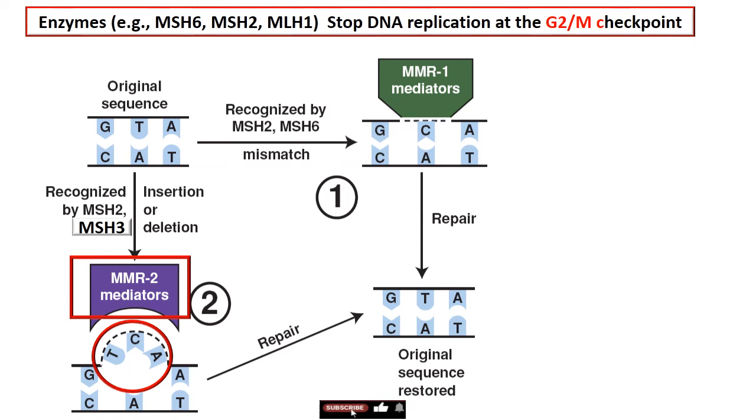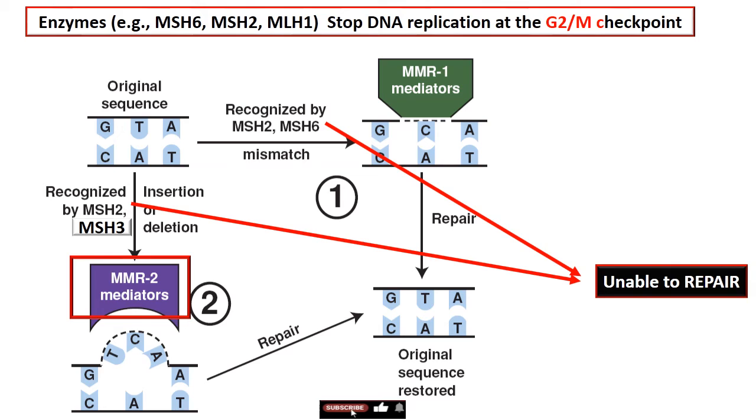While the insertion or deletion is recognized by MSH2 and MSH3, and the set of mediators that are activated are MMR2, and these MMR2 mediators repair the defect that occurred in the DNA and restore the original sequence.